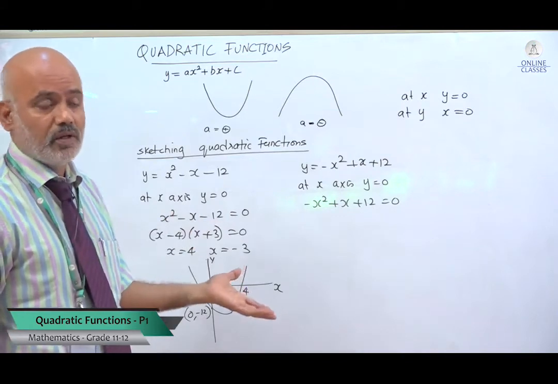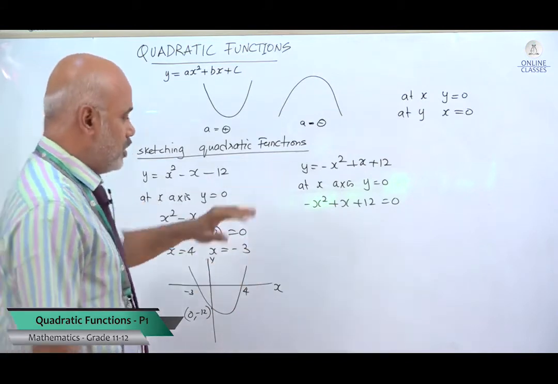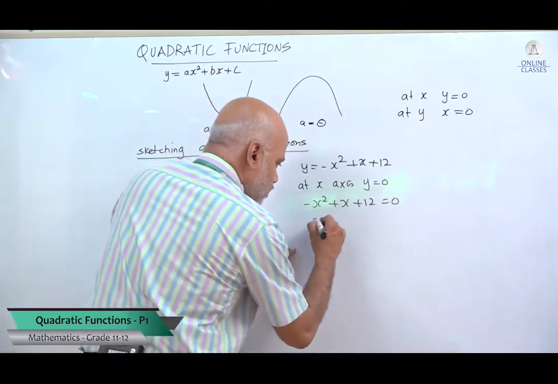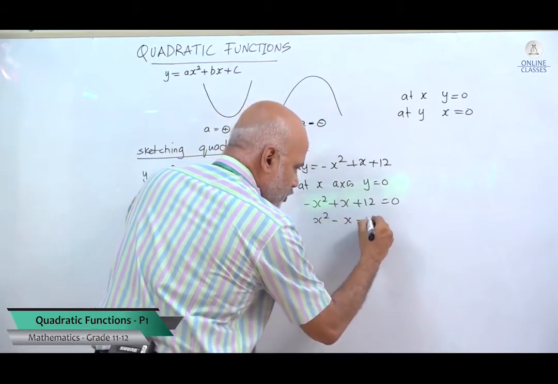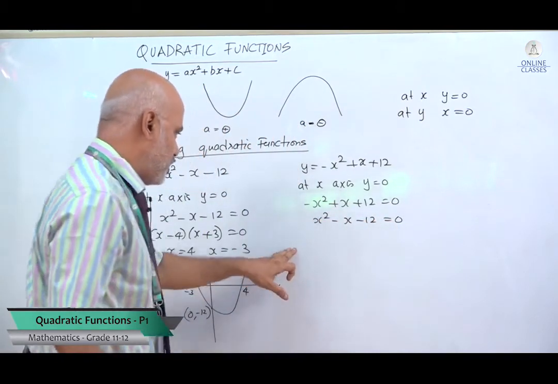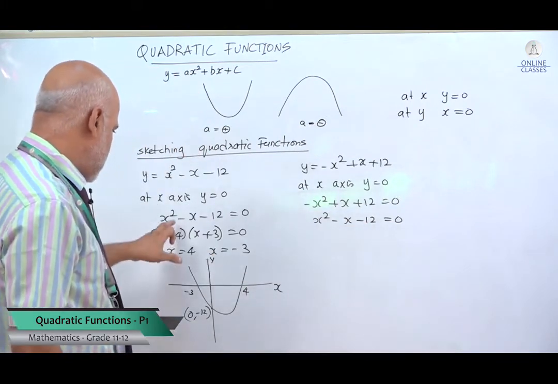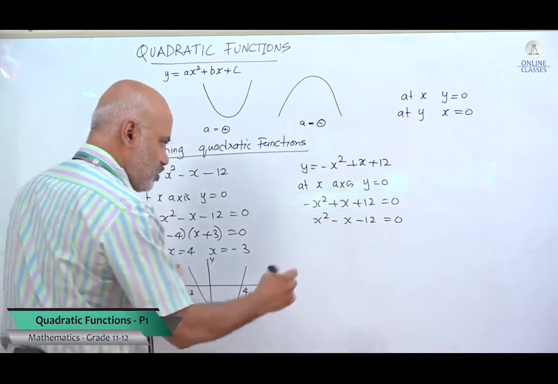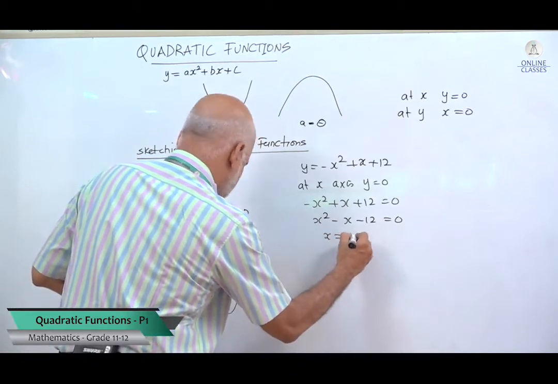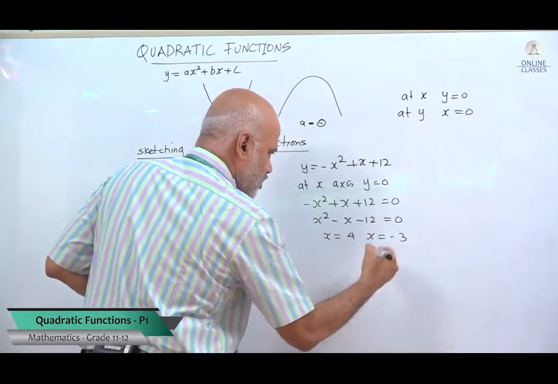So I'll multiply the whole equation by minus 1. What I'm getting is x square minus x minus 12, the same as this. That means the same solutions: x is equal to 4, x is equal to minus 3.